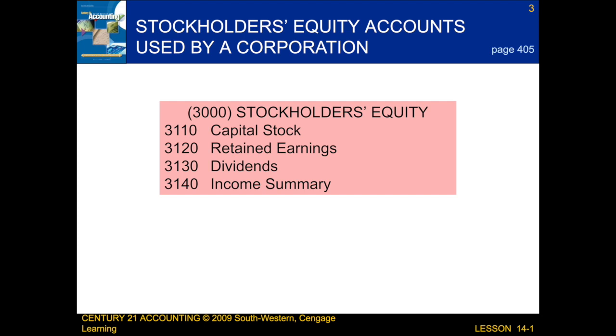So as you can see here, capital stock has the account number 3110, retained earnings has the account number 3120, dividends has the account number 3130, and income summary has the account number 3140.